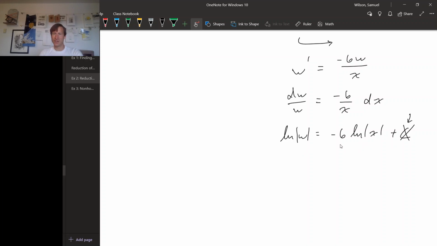So now let's finish solving for w. Exponentiate: absolute value of w is absolute value of x to the minus 6th. So w is x to the minus 6th. Remember, w was u prime.